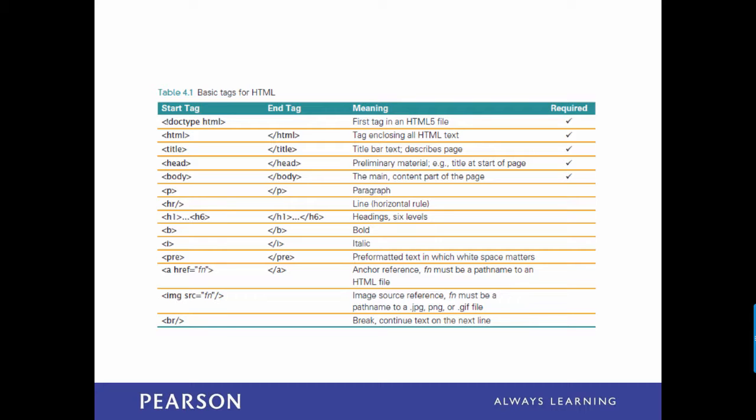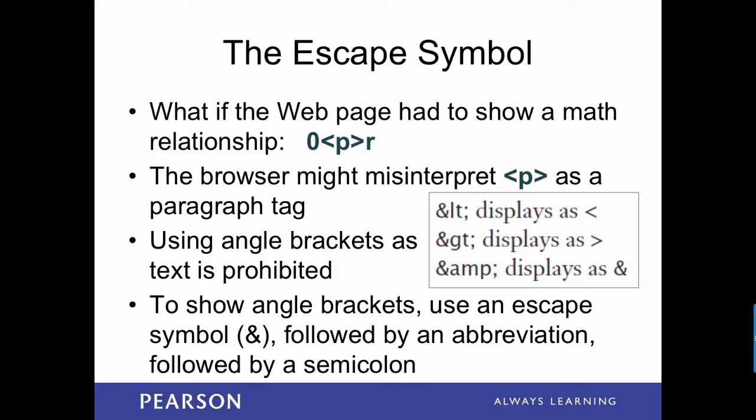Notice that the anchor and image tags, toward the bottom, have additional attributes. The anchor tag has href equals, and the img tag has an attribute called src, or source. So pay attention to that. We'll go through it.